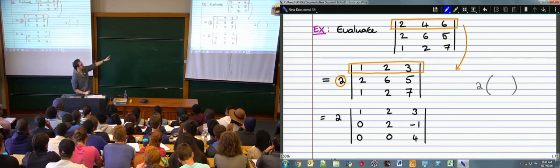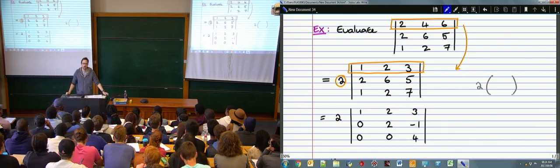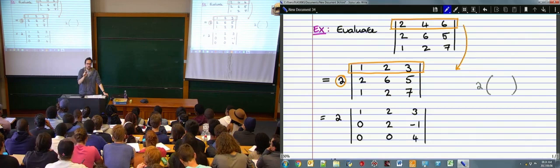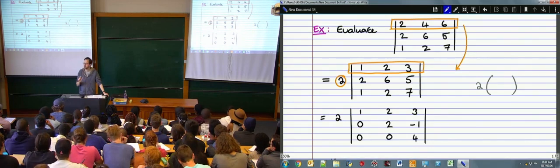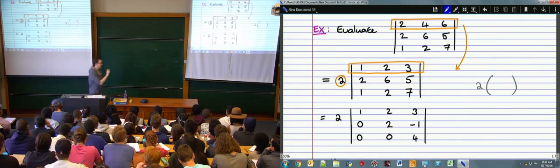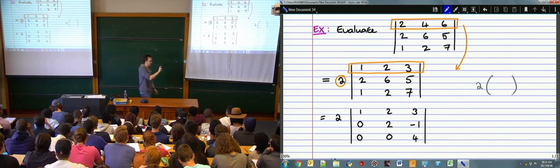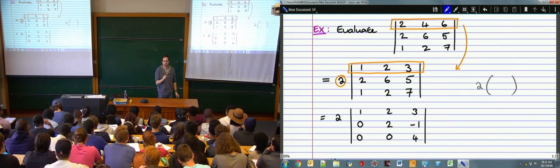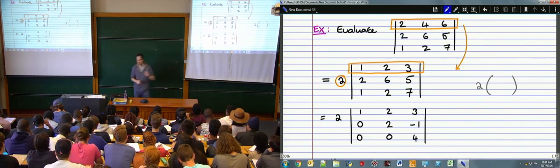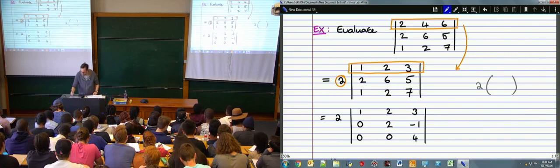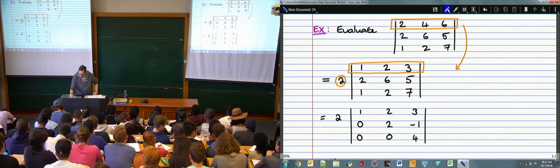If you are multiplying a determinant, it's equivalent to only multiplying a single row, right? So this is a mistake some people make where they confuse, does this 2 multiply the entire matrix? Yes, if you're multiplying a matrix. Or does it affect only a row? Yes, it only affects a row if you're taking the determinant of that matrix. So just be careful about that. That's something which does occasionally trip people up.